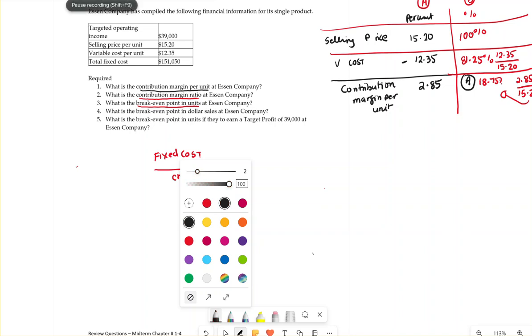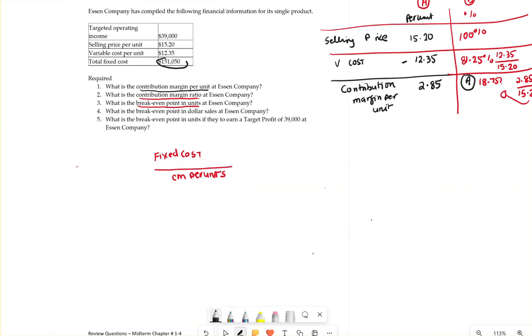So fixed cost will be given to you in the question, and my fixed cost is 151,050. My contribution margin per unit is $2.85. So in order for them to break even, they needed to sell 53,000 units to break even.